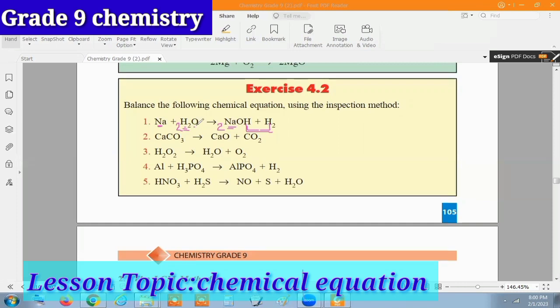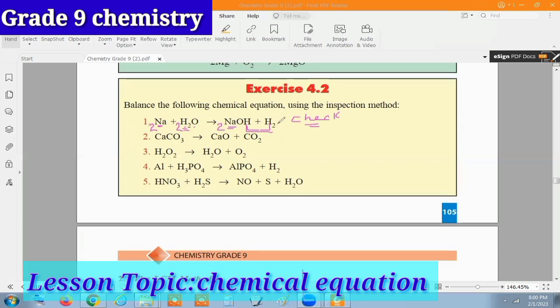Now the balance is only about the number of sodium atoms. Sodium here is 2, and here it is 1. To balance it, I have to put number 2 here. Okay. Whether it is balanced or not, we have to check. You have to check each and every atom on the reactant and the product side. Okay.